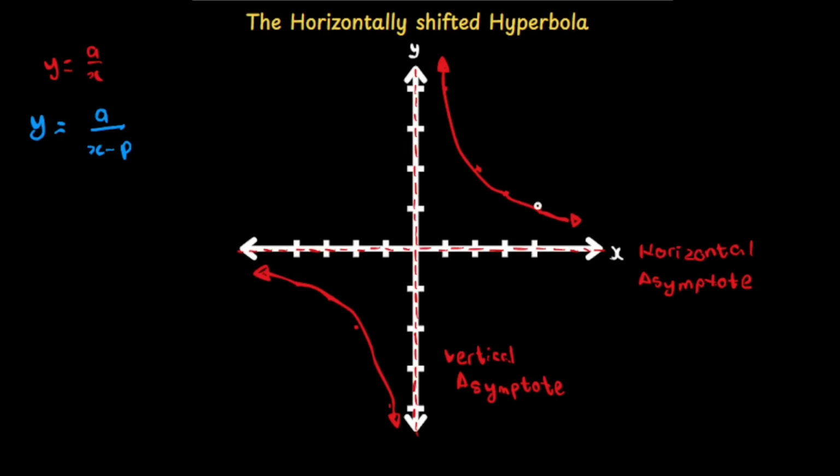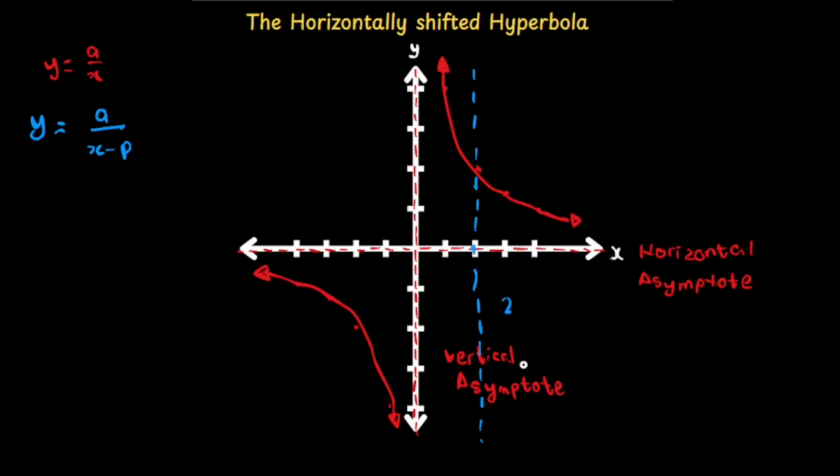Because if I'm moving to the right, all of these regions are positive x values. Understand, guys? So if I were to say I'm shifting this hyperbola 2 units to the right, I would have to move my vertical asymptote from an x value of 0 to an x value of positive 2. So let me go ahead and sketch in the new vertical asymptote, and I'm going to sketch it in blue so that you guys can see the difference, right?